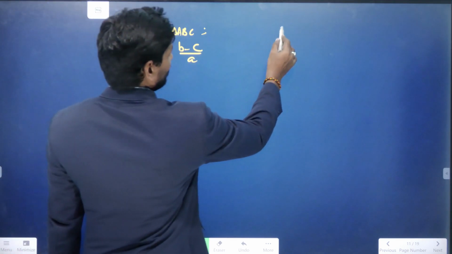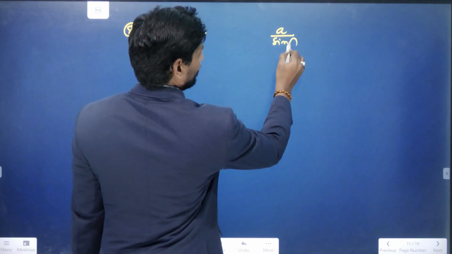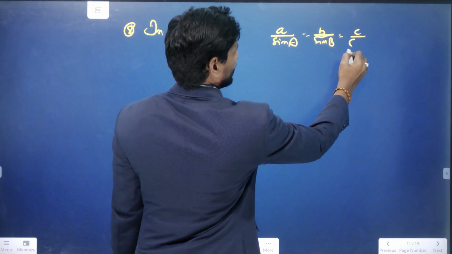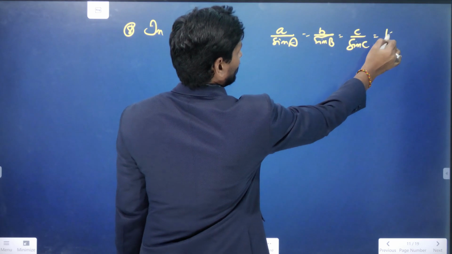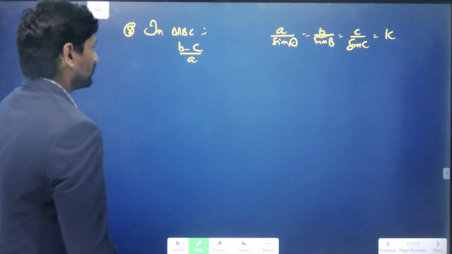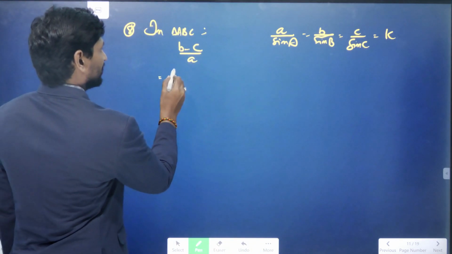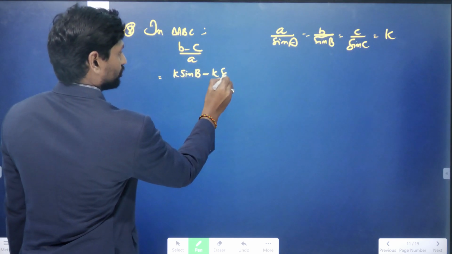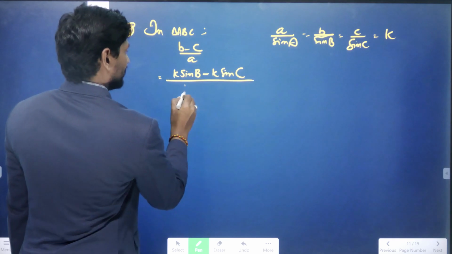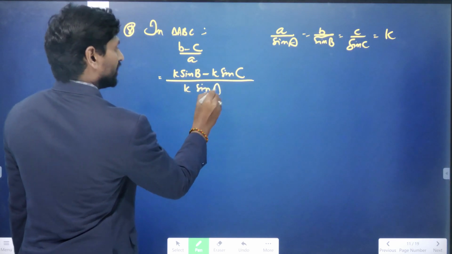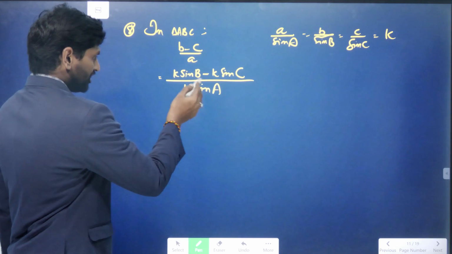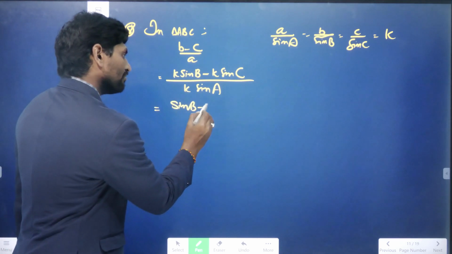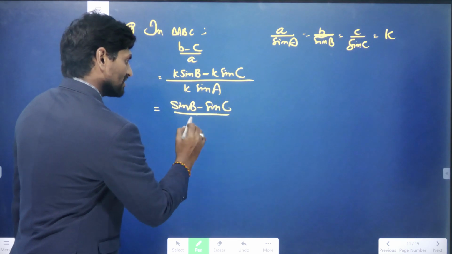In the sine rule we can write a by sine A equals b by sine B equals c by sine C equals, let us say, k. So in place of b we can write k sine B minus k sine C by k sine A. So k is common, numerator k and denominator k cancel. What is the remaining value? Sine B minus sine C by sine A.